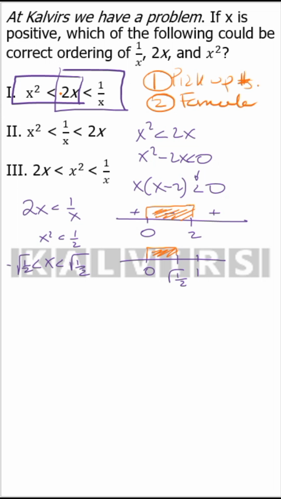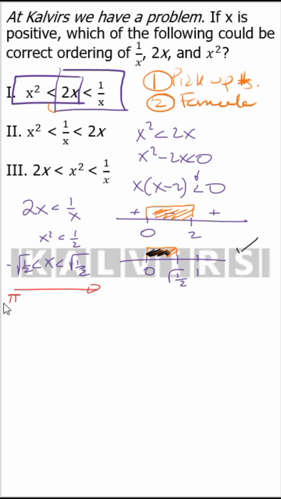Is there an intersection for both? Yes, there exists one. So the first statement is true. Once we know that the first is right, we will go further to the second one.